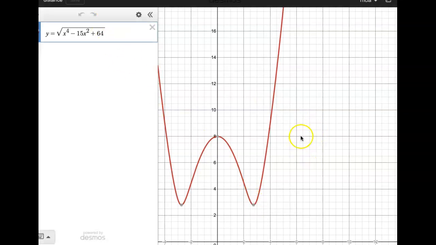So that last question is saying x equals 2.739. And so that's the value for x when d is the smallest.